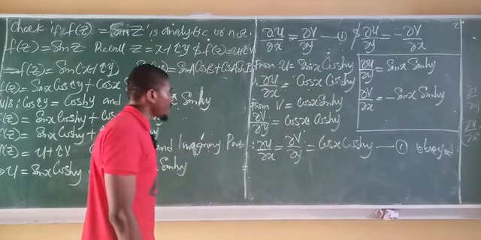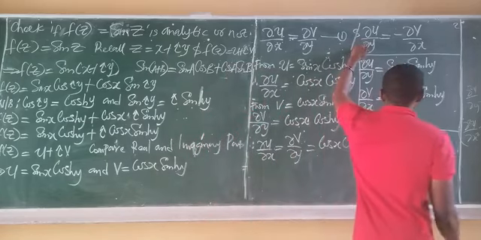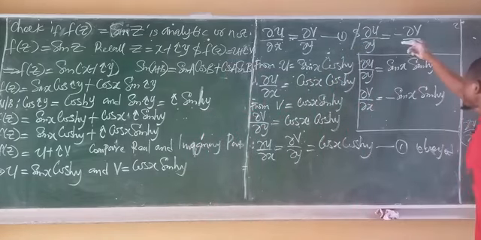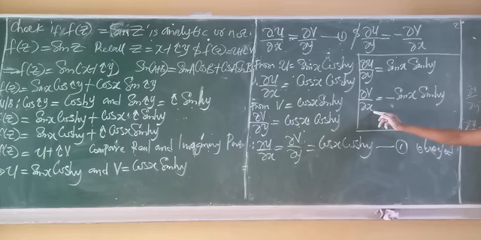Let's compare. The second equation simply says that partial u partial y must be equal to minus partial v partial x. And if you take a look at the solutions obtained, partial u partial y is actually equal to minus partial v partial x. Both of them are equal in magnitude, and one is positive while the other is negative, from Cauchy-Riemann's second equation.